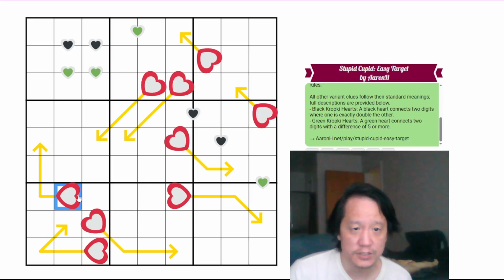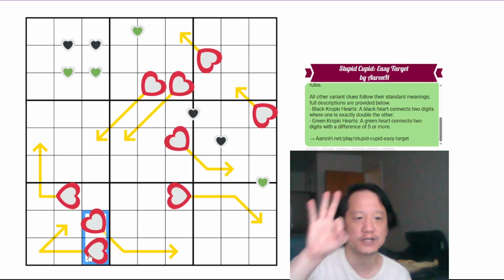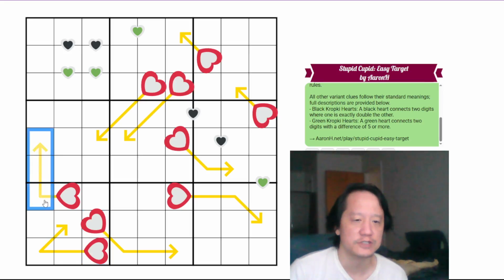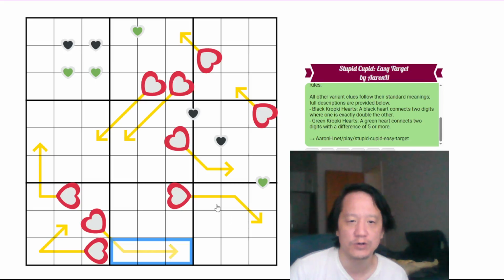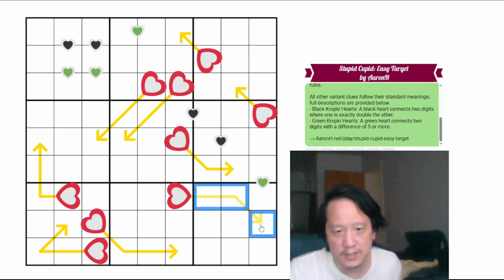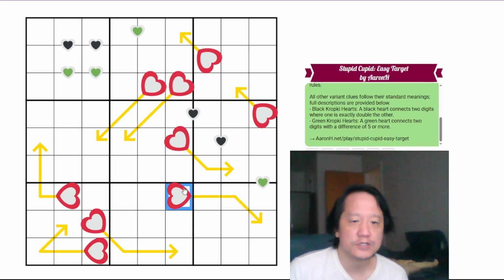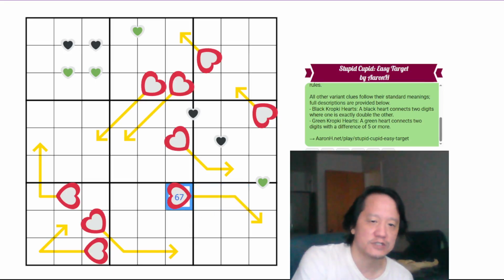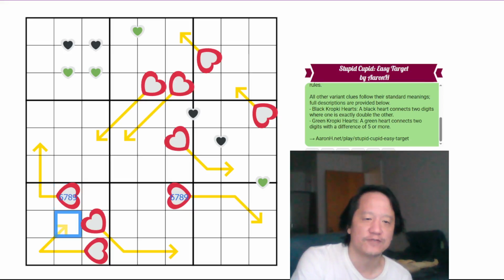So these 4 digits are the sum of 3 unique digits. These are 3 digits in the same column, these are 3 digits in the same box, 3 digits in the same row, and 3 digits in the same box. So these must be the digits 6 through 9 here, and they have to be different.